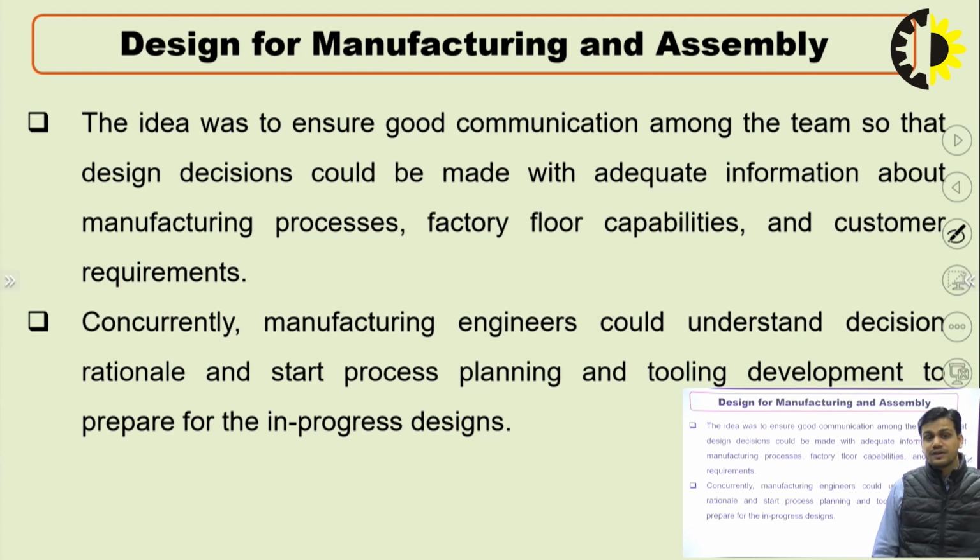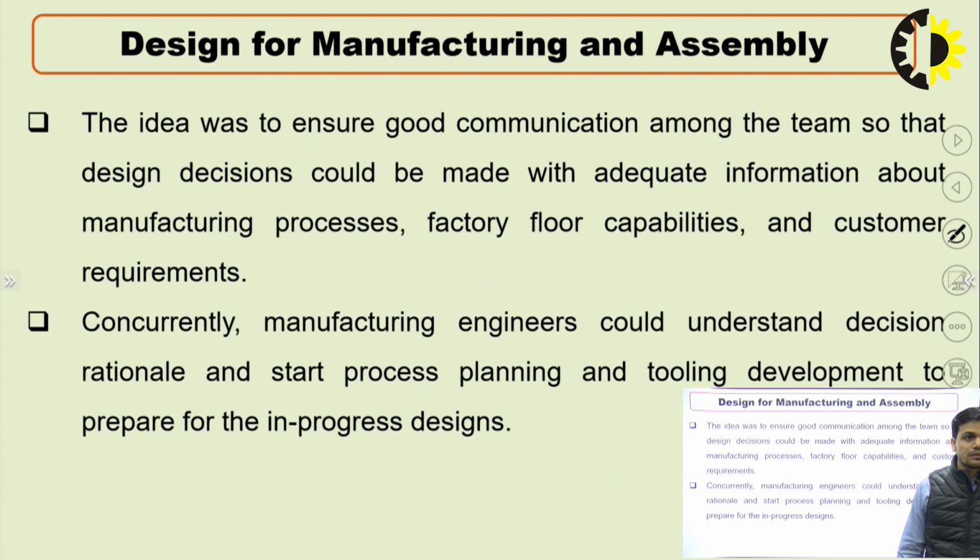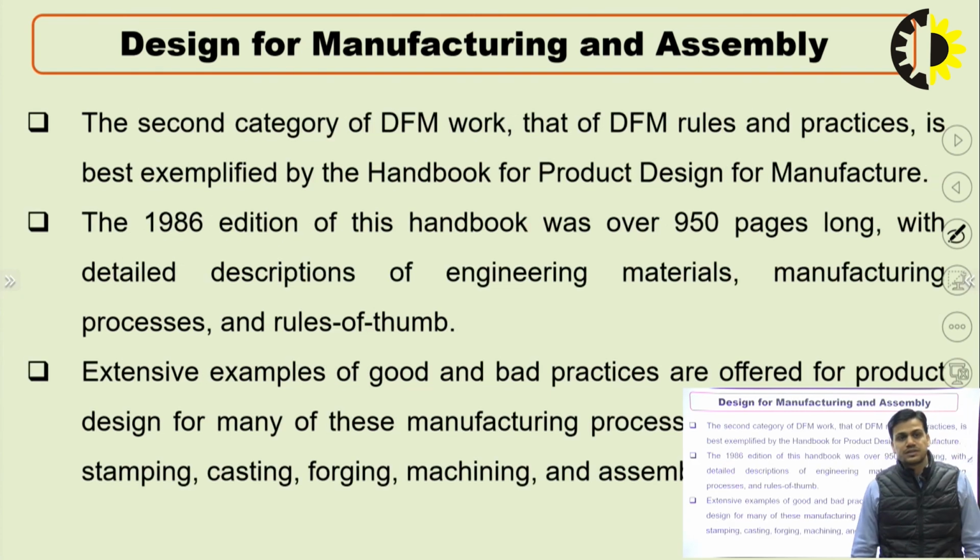Second, concurrently the manufacturing engineers could understand the decision rationale and start process planning and tooling development to prepare for the in-progress design. Then the second category of DFM work, the collection of DFM rules and practices, is best exemplified by the Handbook of Product Design for Manufacture.